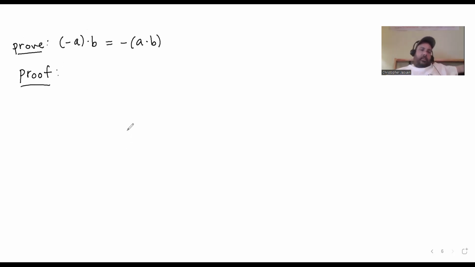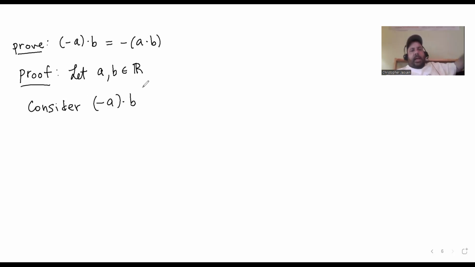All right, so let a and b be real numbers. So consider negative a times b. So I want to show that this is the additive inverse of a times b.